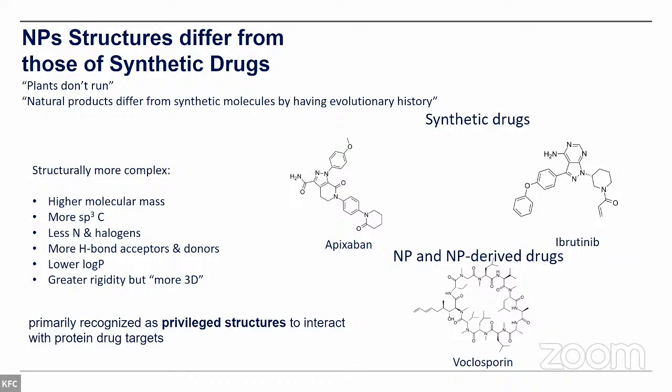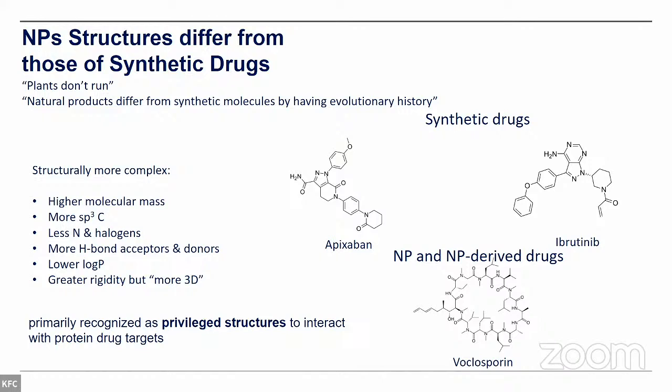When we discuss that, we must again think about evolution and remember the common knowledge that plants don't run, or in more fancy words, that natural products are structurally optimized by evolution to serve a particular biological function, which basically results in more complicated, let's say, more 3D structures.